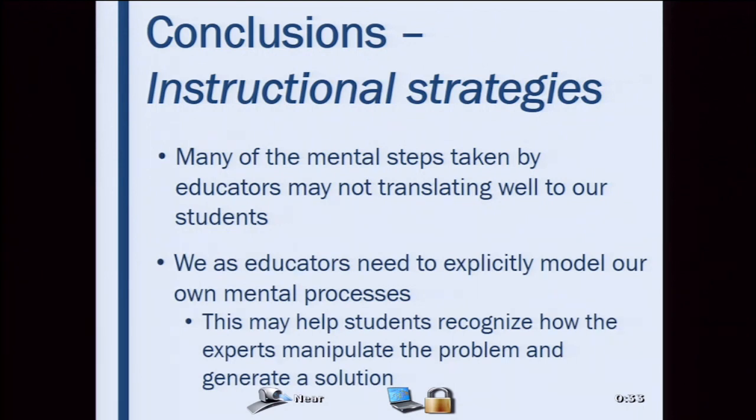We need to actually explicitly show or model our reasoning process. So instead of just going through a question, you are verbally saying what your reasoning is behind it, how you perceive it, what connections you're making. This is going to help students recognize how the experts actually manipulate that problem and generate a solution.